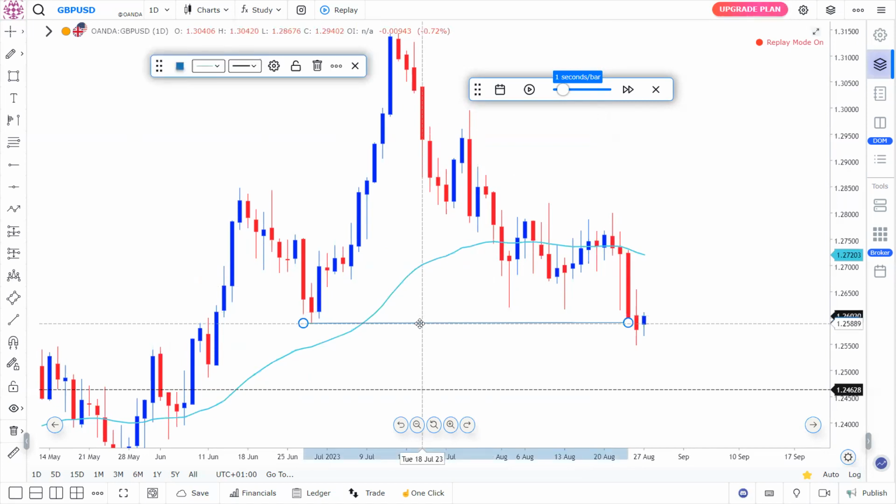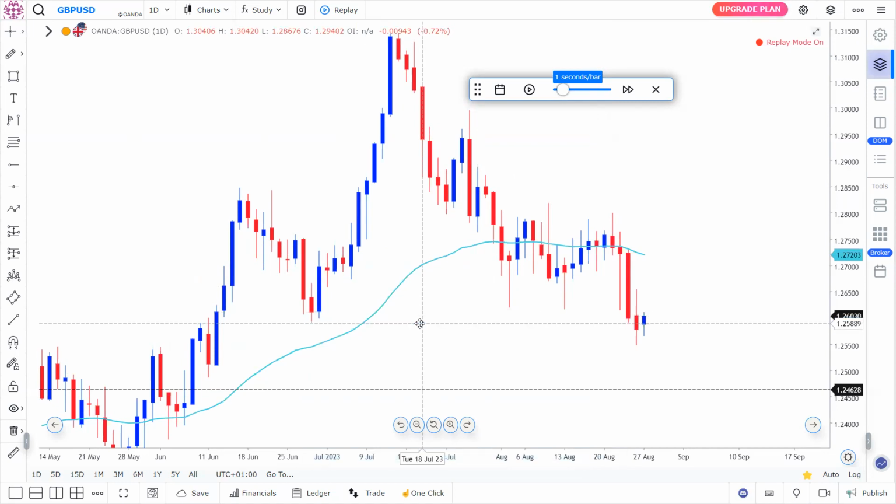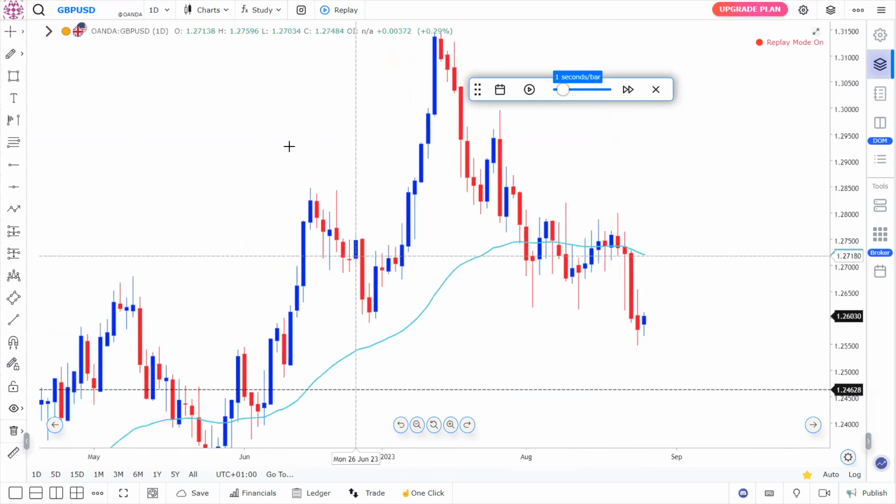So clearly we had the weekly time frame in a bearish market structure. We had also the daily time frame in the bearish market structure.